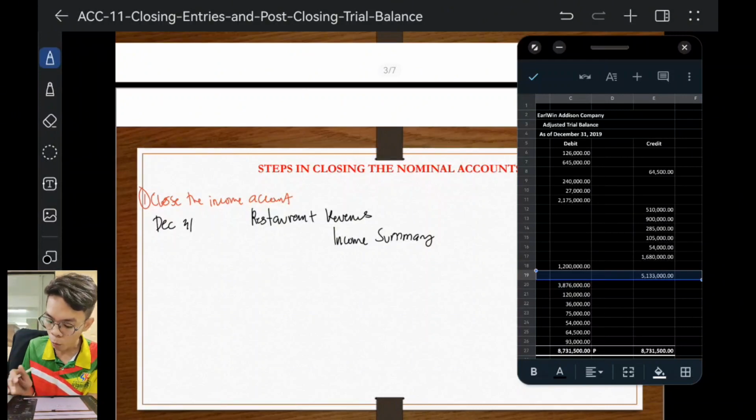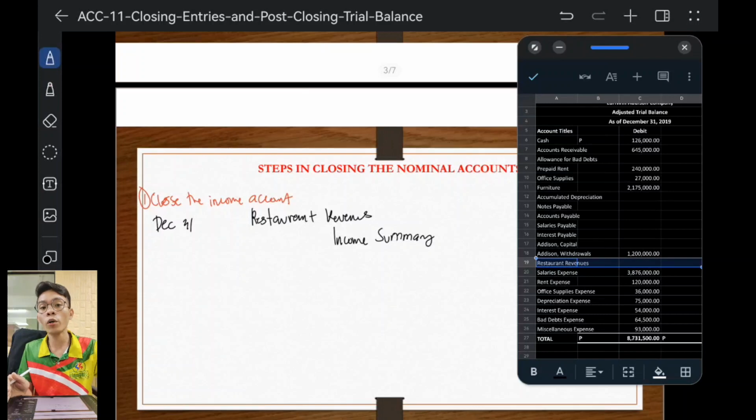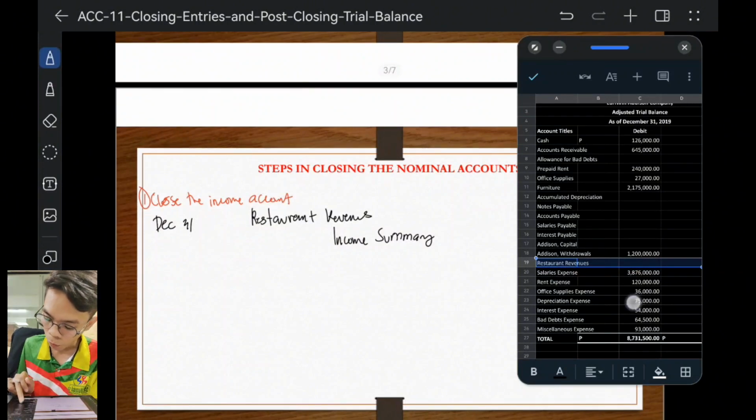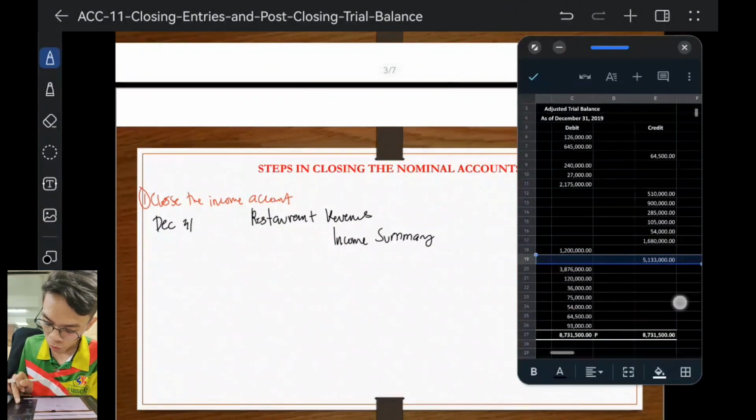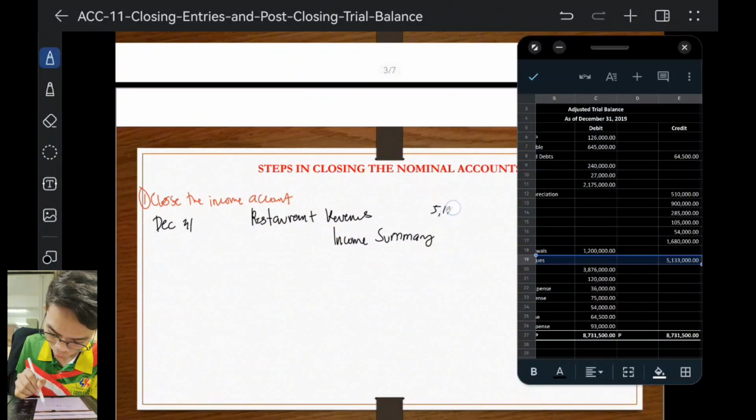So how much is that? I think we only have one revenue or income here. If we do have two or more incomes, then you just need to put all those incomes on the debit side, then add them up for your income summary. But in this scenario, we only have one revenue, that would be the restaurant revenues of 5,133,000.